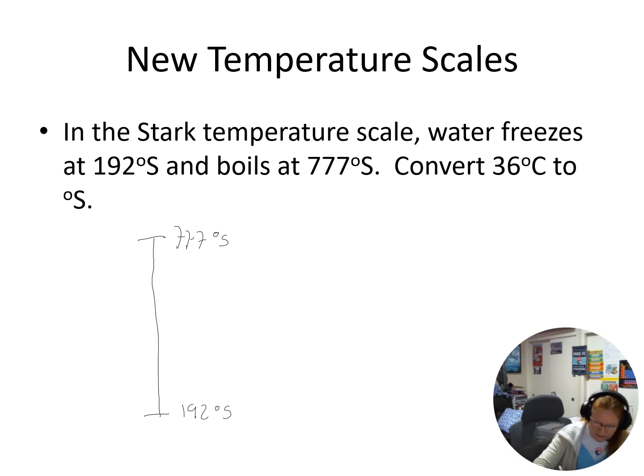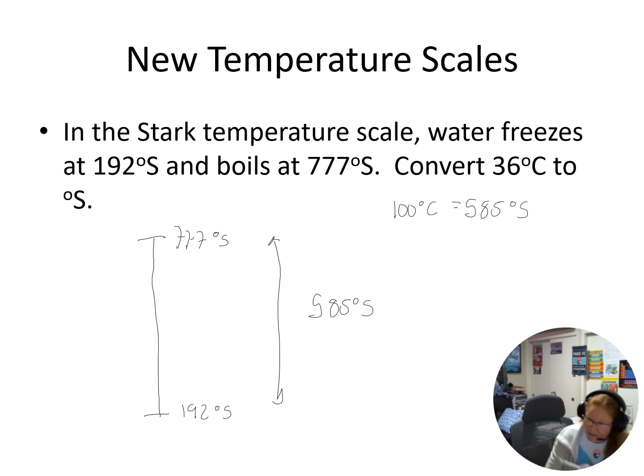And so our difference here is 585 degrees between those two. For Celsius, we know that the difference between the freezing point and the boiling point is 100. So we can say that 100 degrees Celsius is equal to 585 degrees Stark.